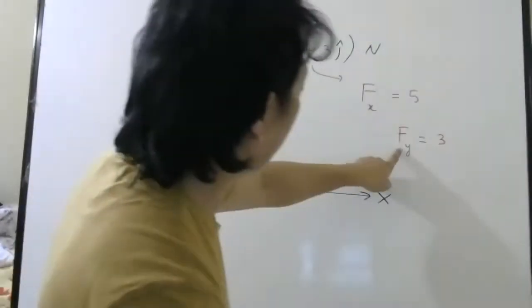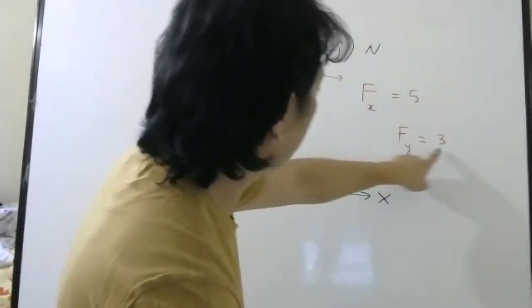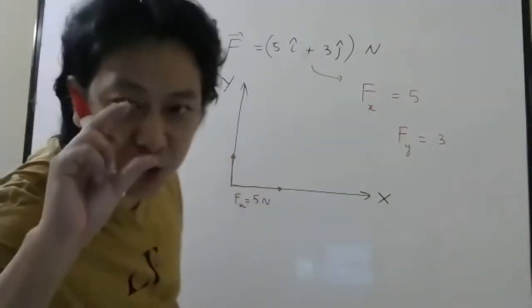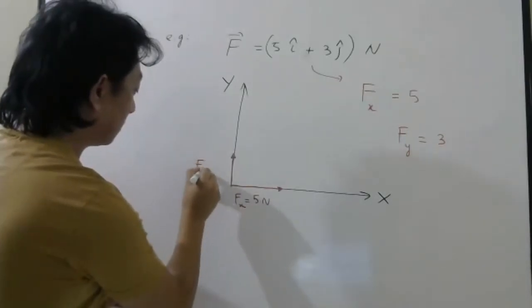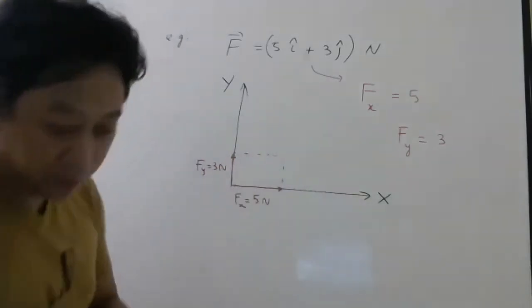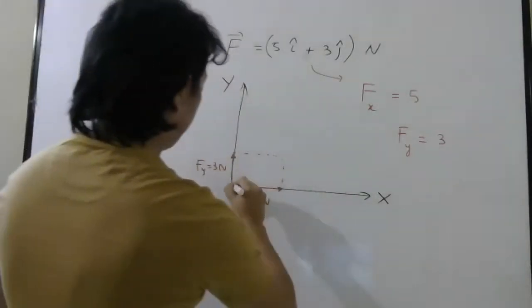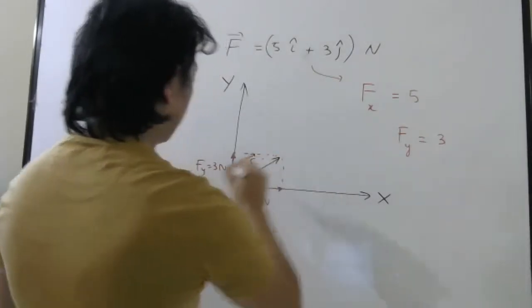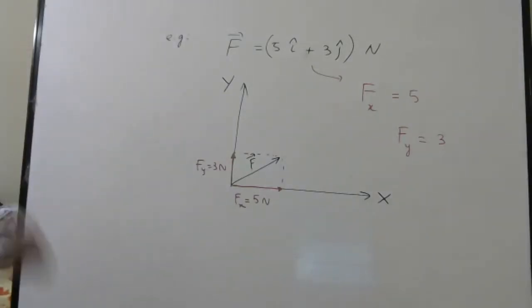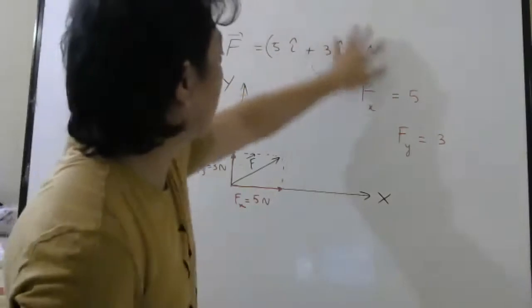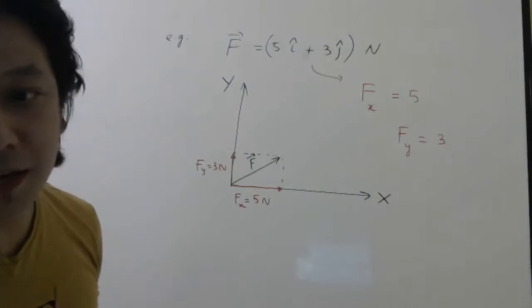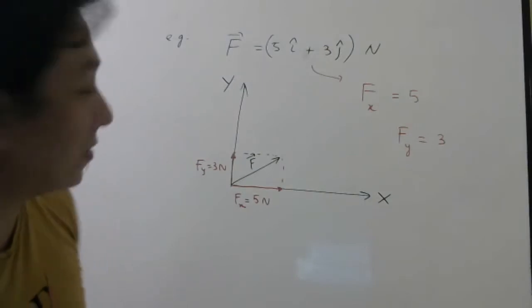Then draw a vector along the y-axis whose magnitude is 3 Newton, slightly shorter than 5 Newton. Then this will be your force vector. So this is one example I've shown you, and this is how vectors can be represented in the form of components.